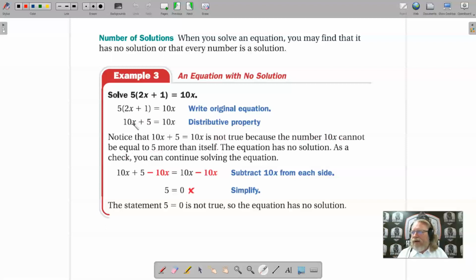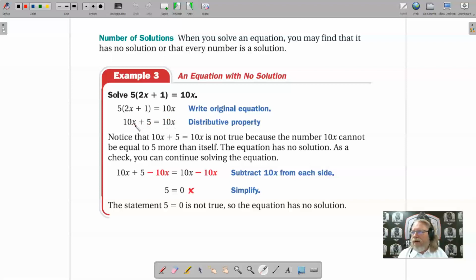Whatever x is, we have 10x on the left, 10x on the right. Pick a number, 2. 10 times 2 is 20, plus 5 is 25. 25 is not equal to 20.